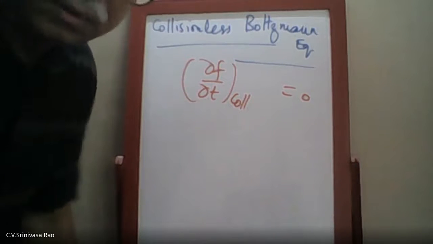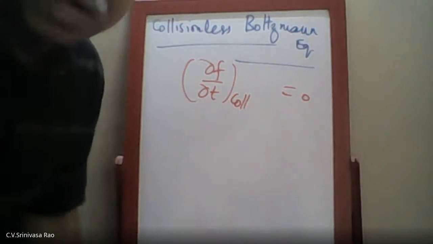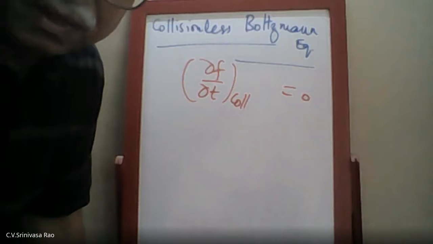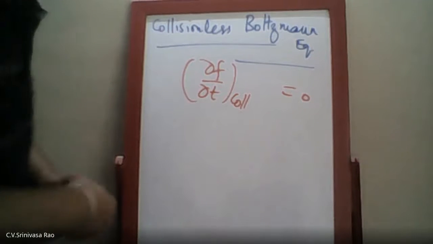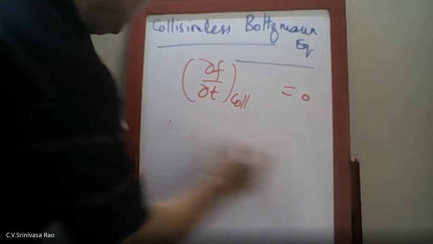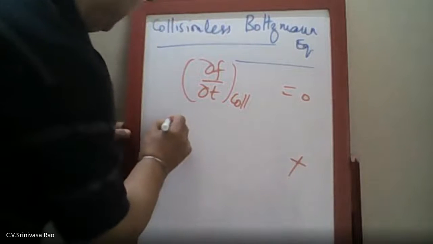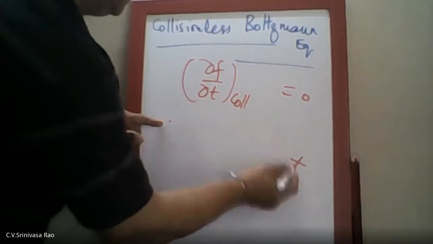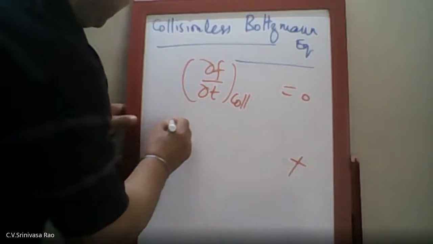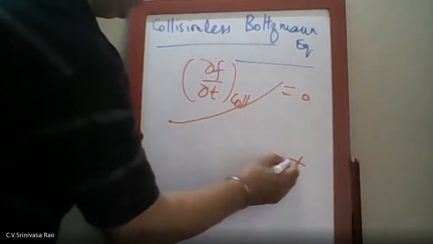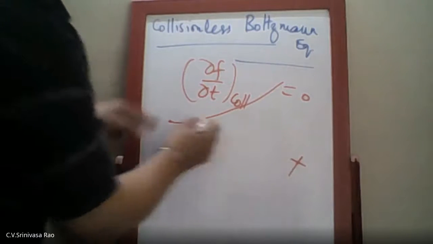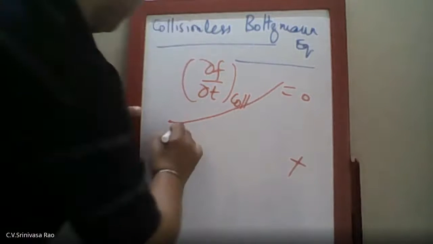long distance effects of particles. Like if an electron is here and an ion is here, the effect of this on this, the trajectory or equation of motion for the electrons because of the presence of this, is somehow taken into account in the Vlasov equation.